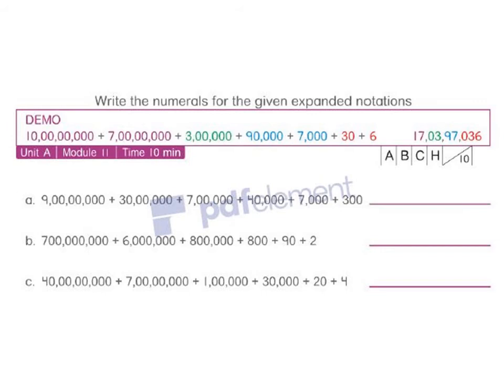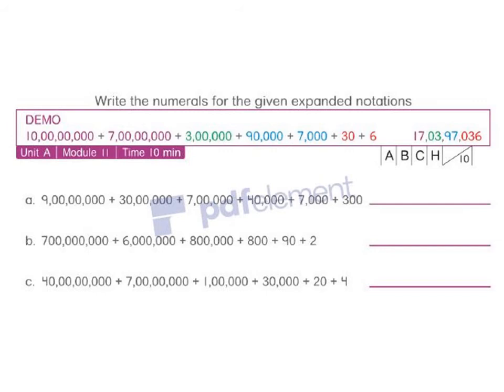See, 10 crore plus 7 crore plus 3 lakh plus 90,000 plus 700 plus 30 plus 6 will give us 17,03,97,036, that is 17 crore 3 lakh 97,036. In the same manner, try to solve the questions given below.